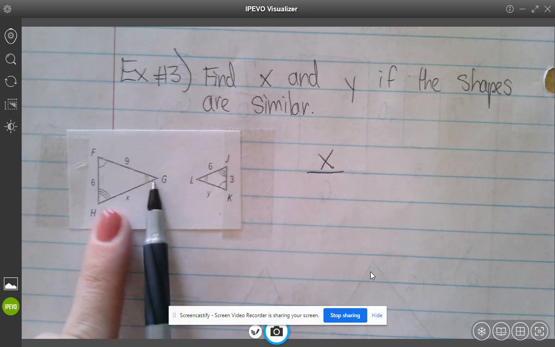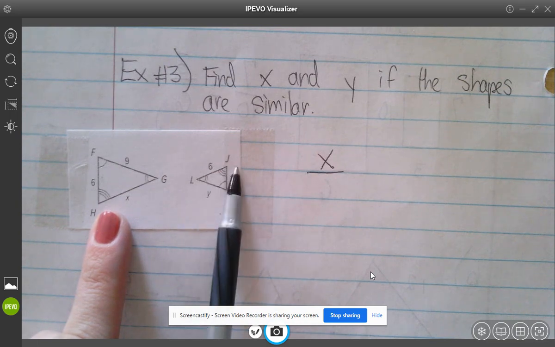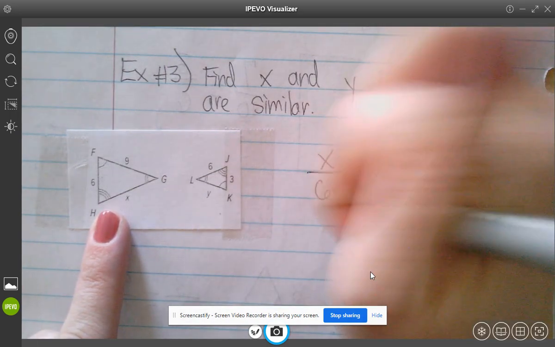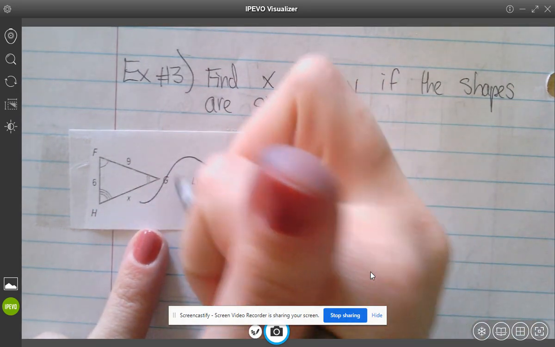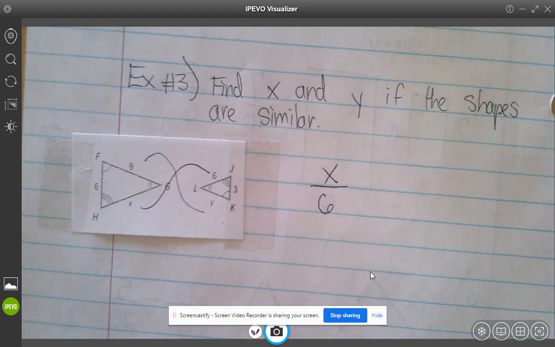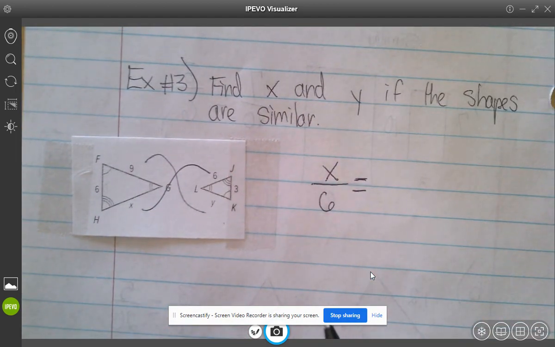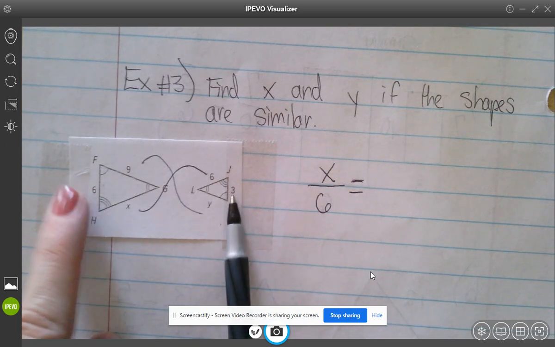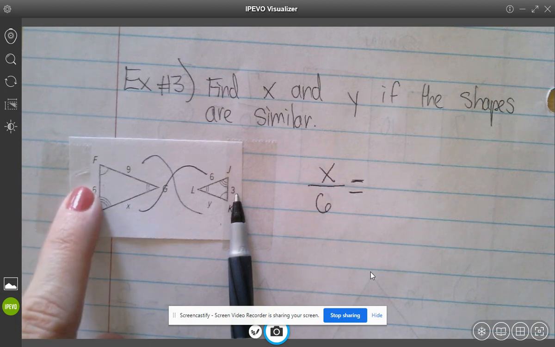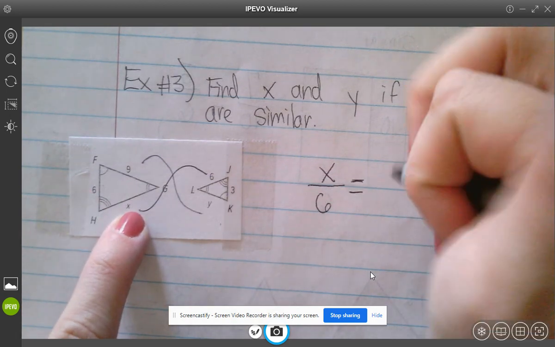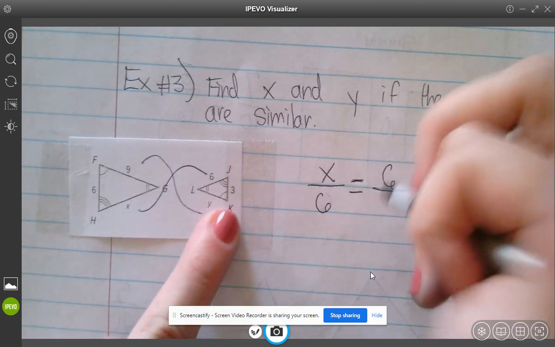So 2 and 3. This one only has 1 and 2. So it's not this side, it would be that side. So X and 6 correspond, which means later on Y and 9 correspond whenever we get there. And then I need 2 sides that I actually have, so it would be the bottoms here, 3 and 6. Which one do I put on top? 6, because I need it to be the one that the X is from. And then 3.